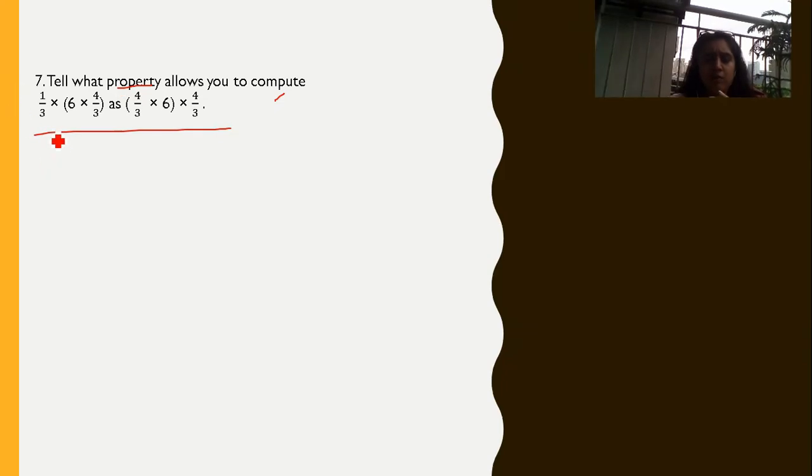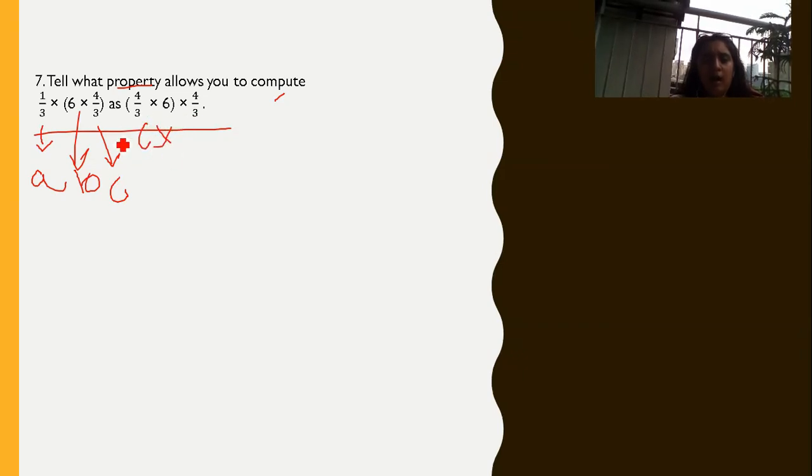Suppose 1 upon 3 I will assume a, 6 I will assume b, and 4 upon 3 I will assume c. If you see, it's a multiplied by b multiplied by c. And in the next part you will see 4 upon 3 we assume c, and 6 we assume as b, and 4 upon 3 we assume as c.